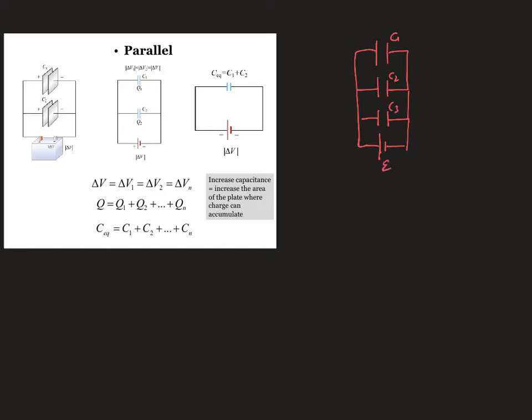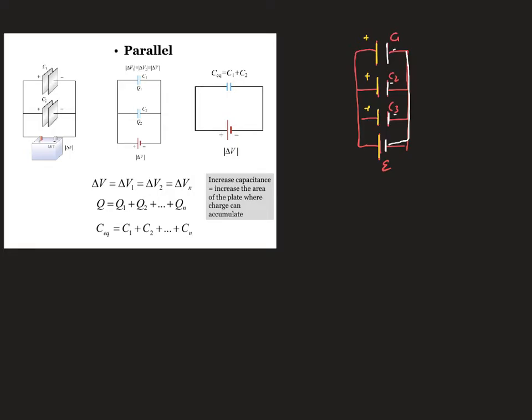When you connect to the battery, this side is directly connected to the positive, so positive, positive, positive, and this side is directly connected to the negative, so negative, negative, negative.